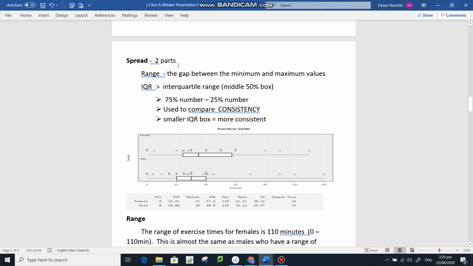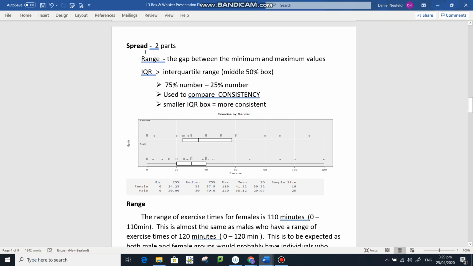Okay, looking at spread. Spread is in two parts. You have the range, which is the gap between the minimum and maximum values. So you just take your max and subtract your minimum. And then your IQR, your interquartile range. Now this is the one where we get to show some more insight, because a smaller interquartile range, which is the box, from here to here, is the spread.